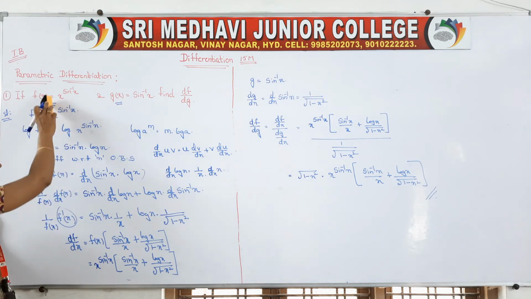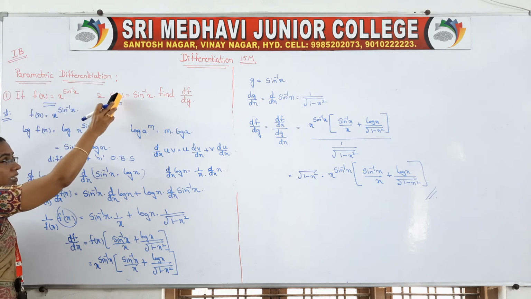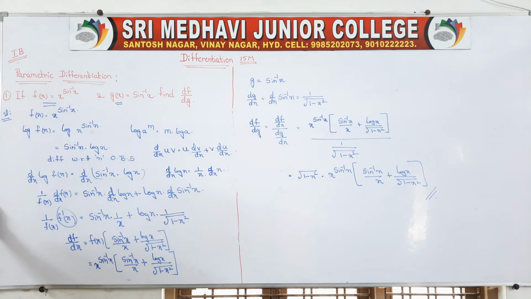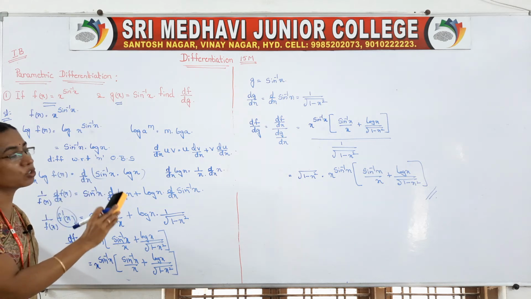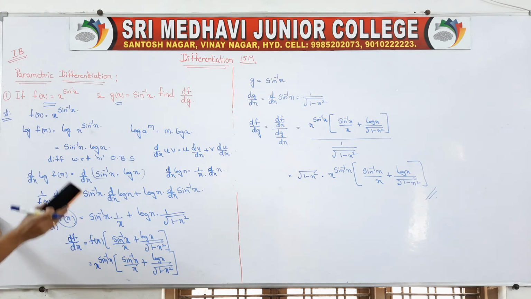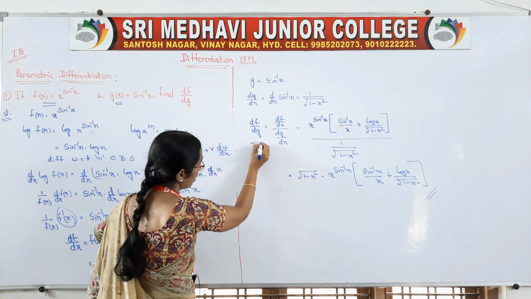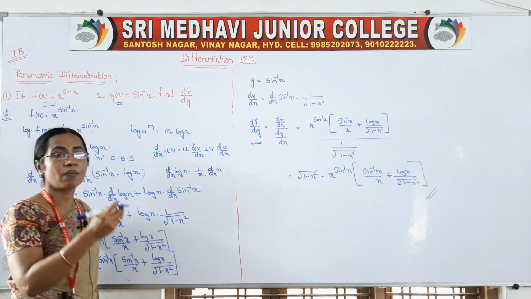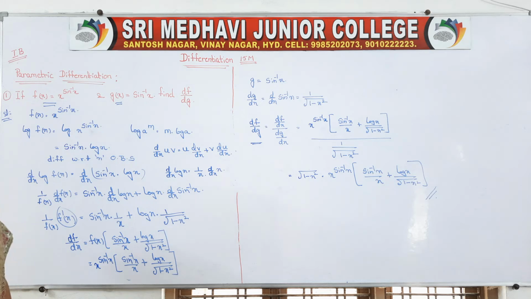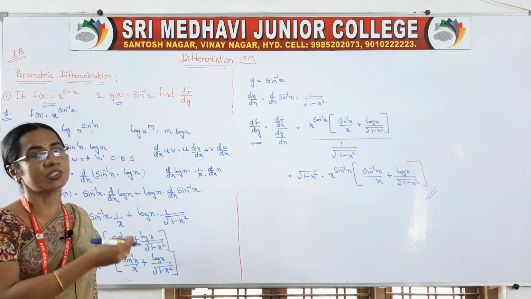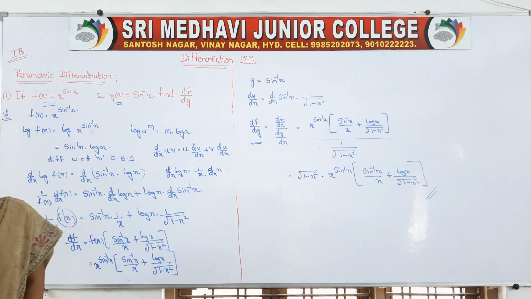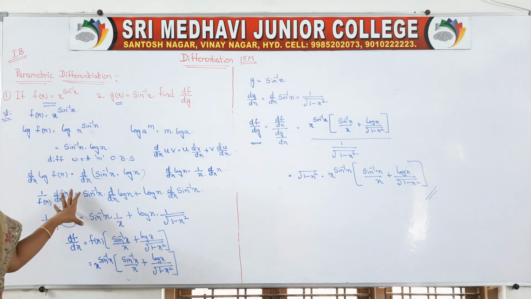So df by dx you find out, then dg by dx you find out. Once you have these two, divide them. So dx will get cancelled, and at the end you will have your df by dg, the derivative of f with respect to g. This is called parametric differentiation.